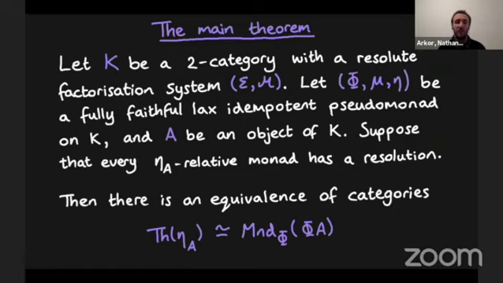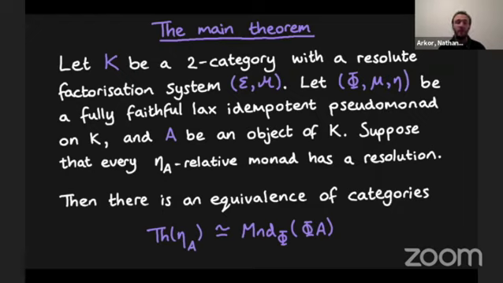Another name for this is a KZ doctrine. I'm going to fix some object A of our 2-category. Finally, we're going to suppose that every monad relative to the unit of the pseudomonad at A has a resolution. And this means that for every η_A relative monad, there is some η_A relative adjunction inducing that monad.